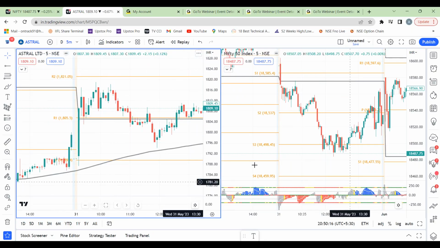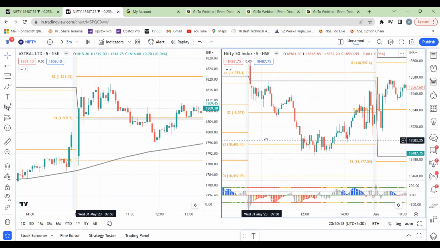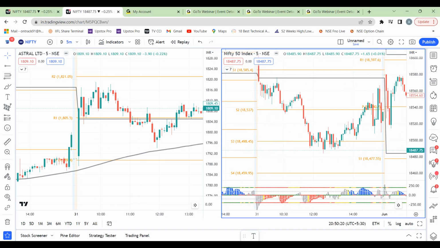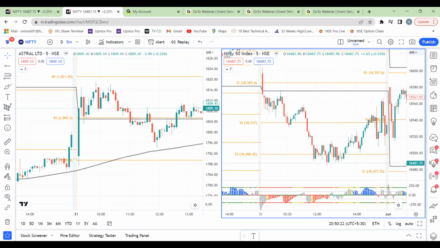Okay, this is a chart of 31st May. Now we picked up a buy trade in Astral. This was a very good buy.